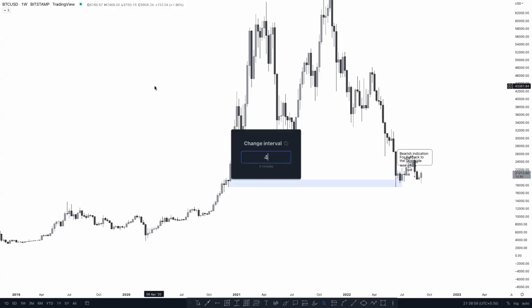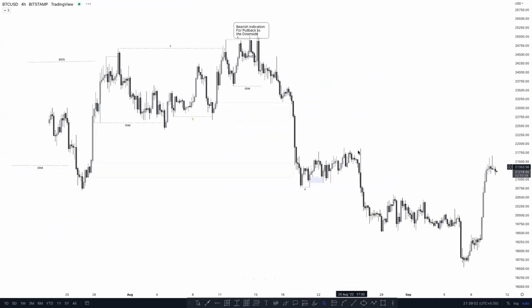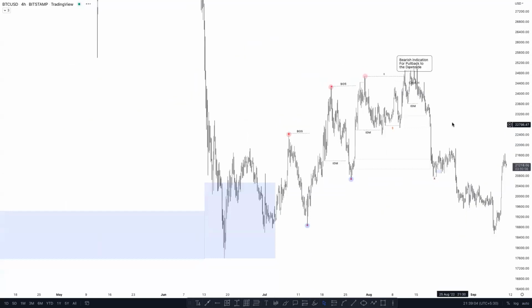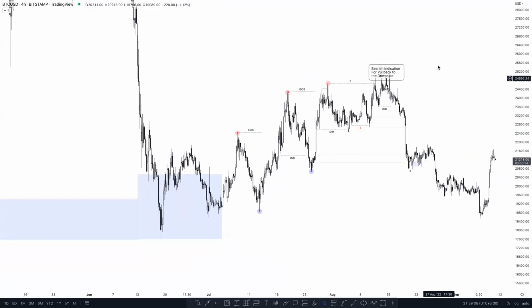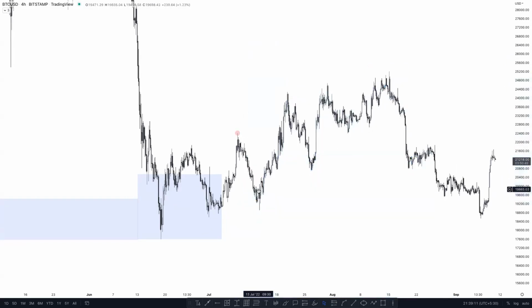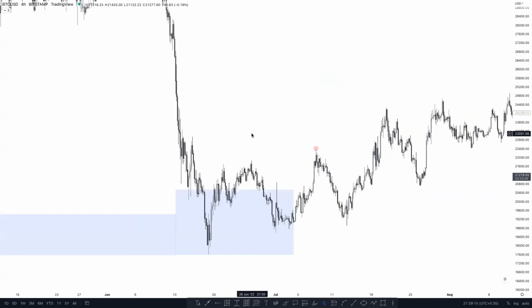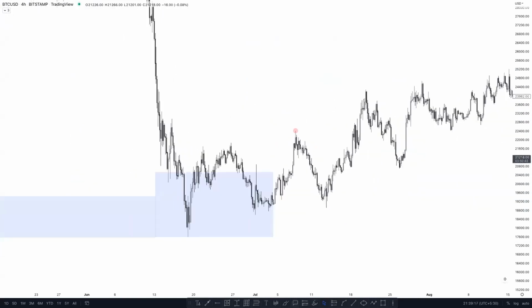And now switch into the 4 hour. If you start marking the 4 hour structure, here, this is our new lower low, taking out the inducement.